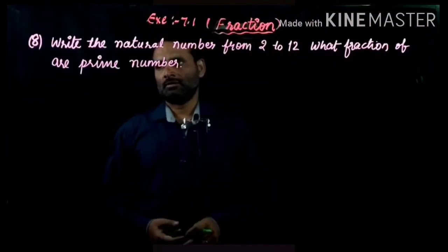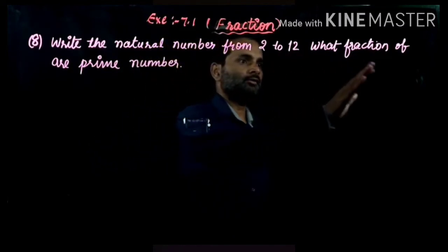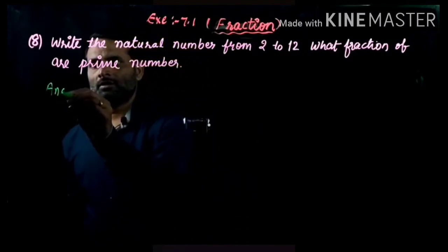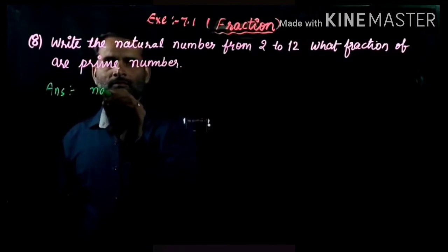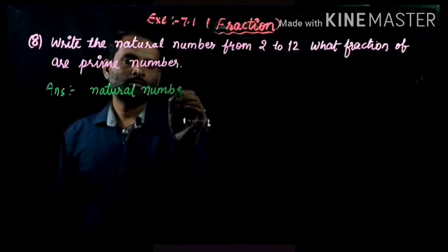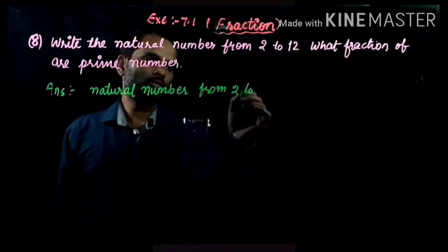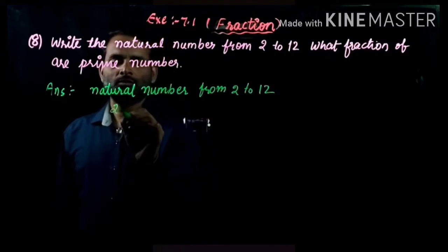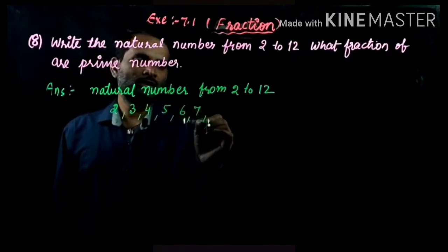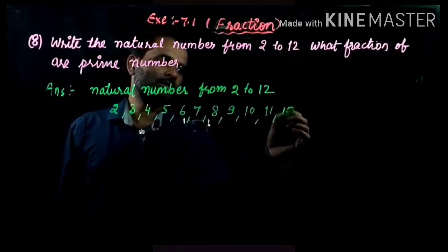Question number 8: write the natural numbers from 2 to 12 and find what fraction of them are prime numbers. Okay, the natural numbers from 2 to 12 are 2, 3, 4, 5, 6, 7, 8, 9, 10, 11 and 12.